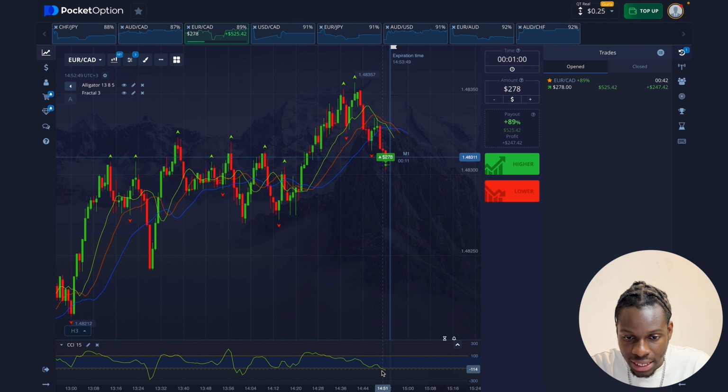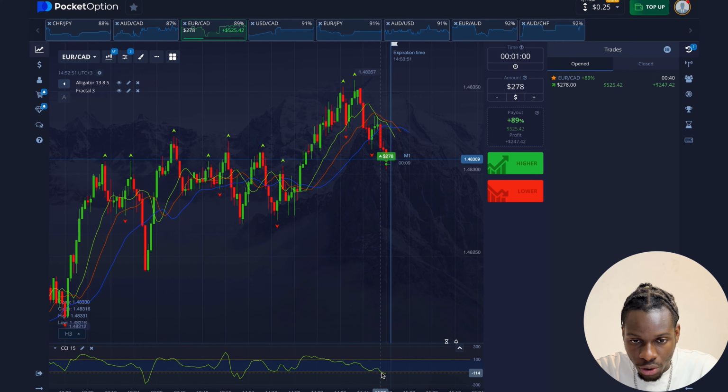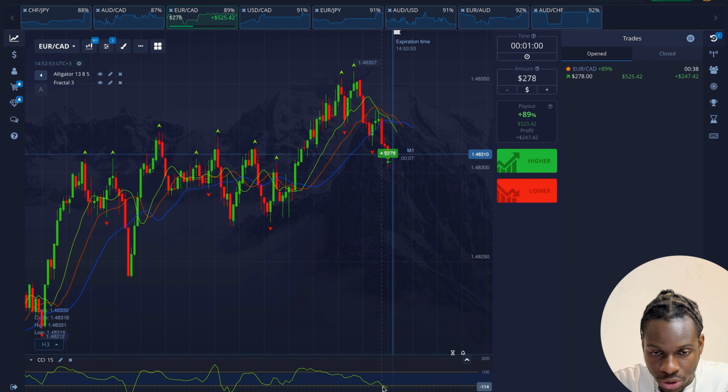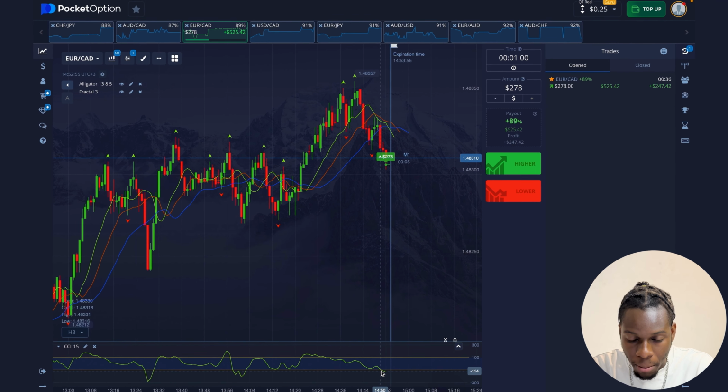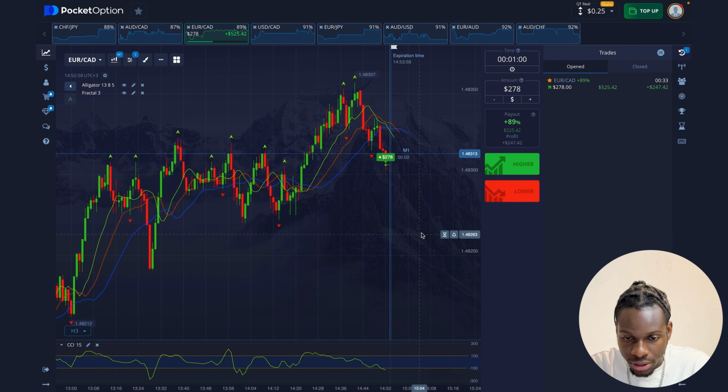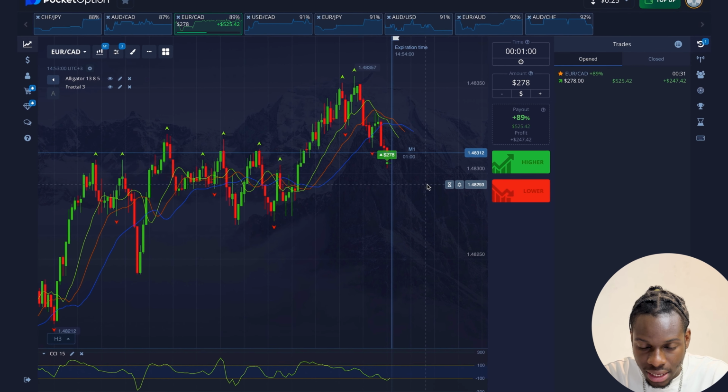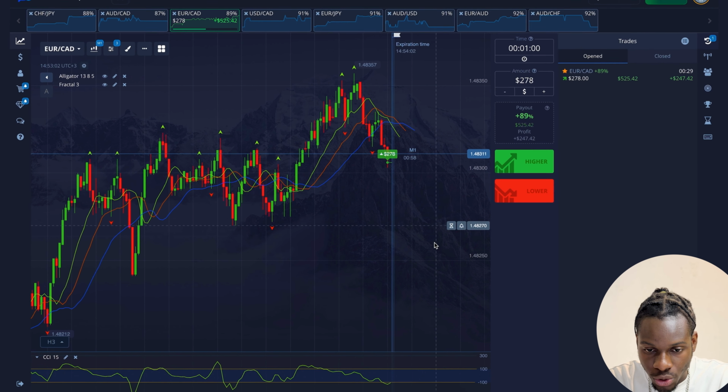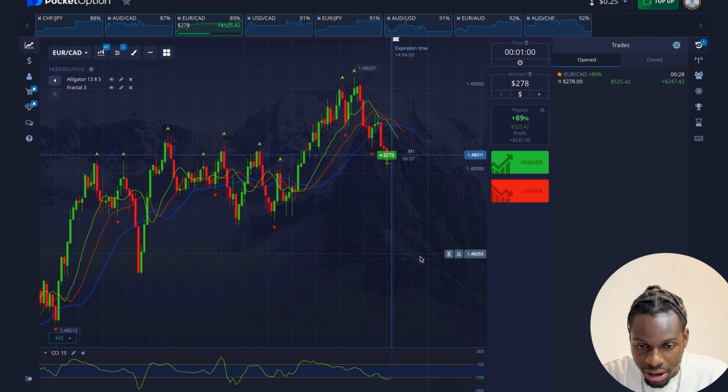There is the possibility for it to keep on going down because we see a global structural maximum has been formed. But I'm reading off the CCI oscillator, and it's indicating an exit from the oversold area. So that's why I'm still taking a buy in this trade.